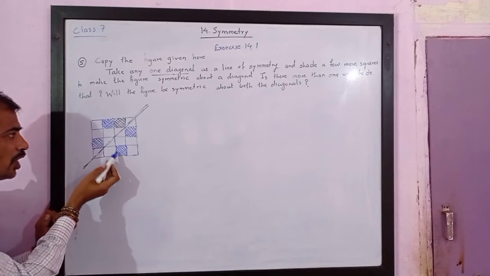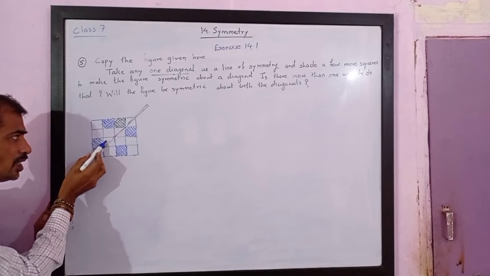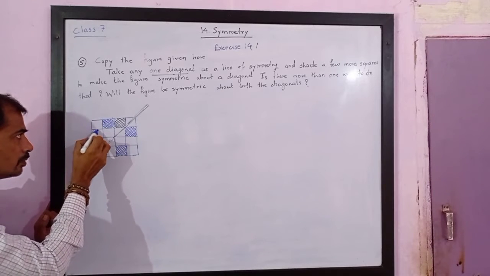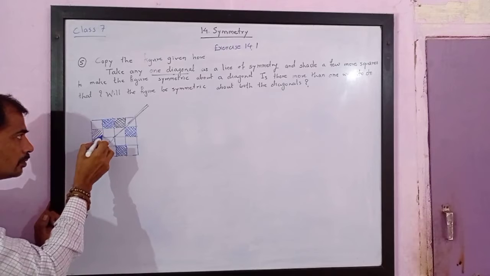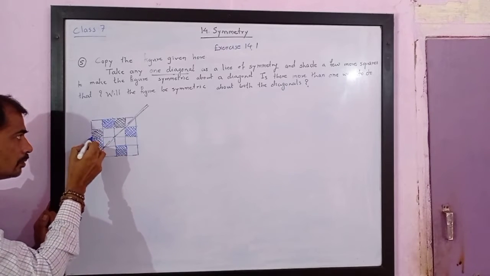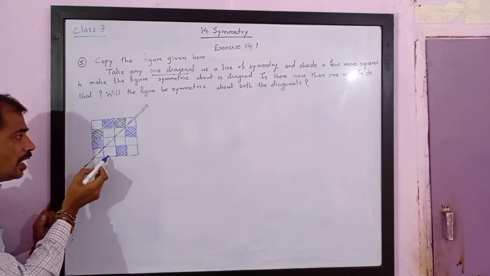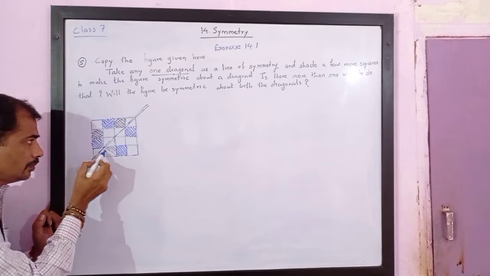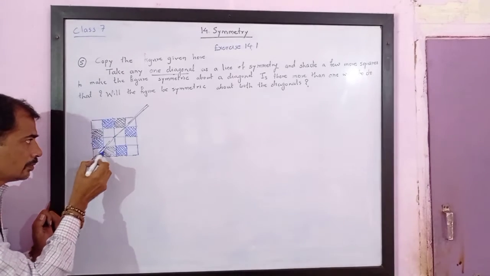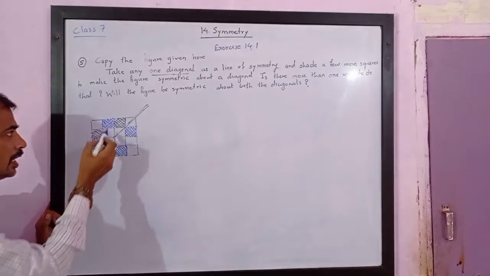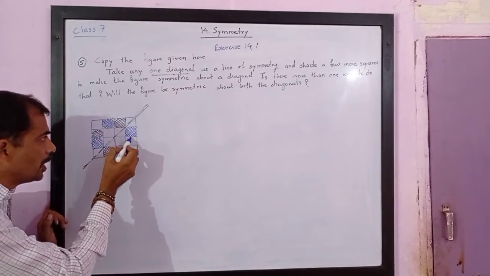Now if this is folded, please note this is half, so it will come somewhere here. Then this will appear here. Then this fold will appear here.